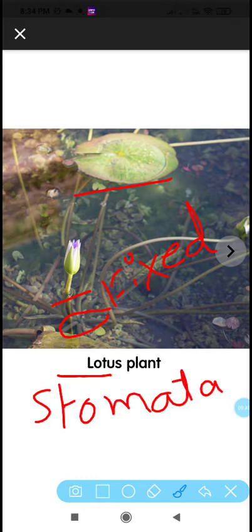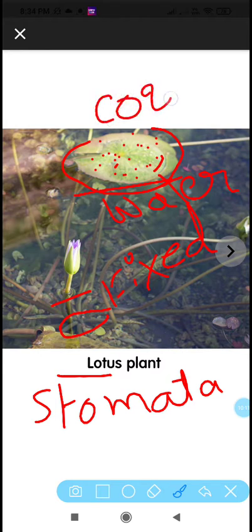Tiny openings on leaves are called stomata, as you learnt in the previous lesson. All these stomata are present on the upper surface of the leaf. Below the leaf, only water is there, so this water will not block the stomata at all, so that the leaf can take the air inside, oxygen inside, and it can take the CO2 inside and release the oxygen outside.